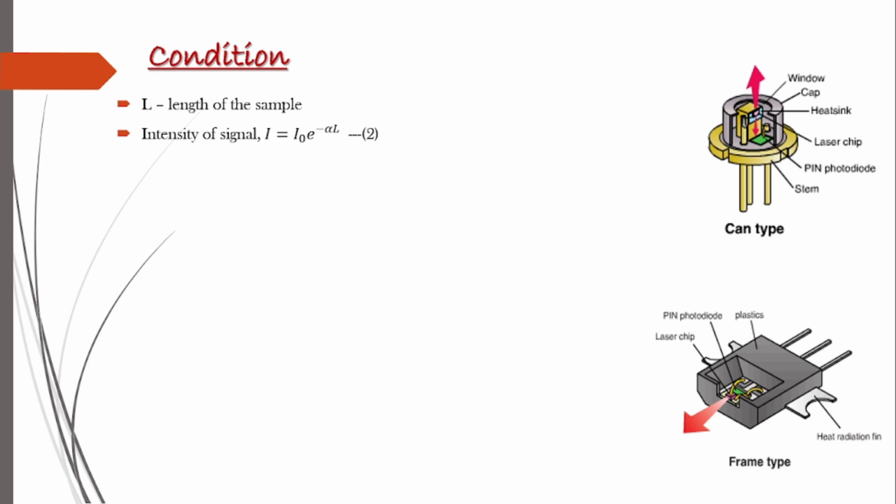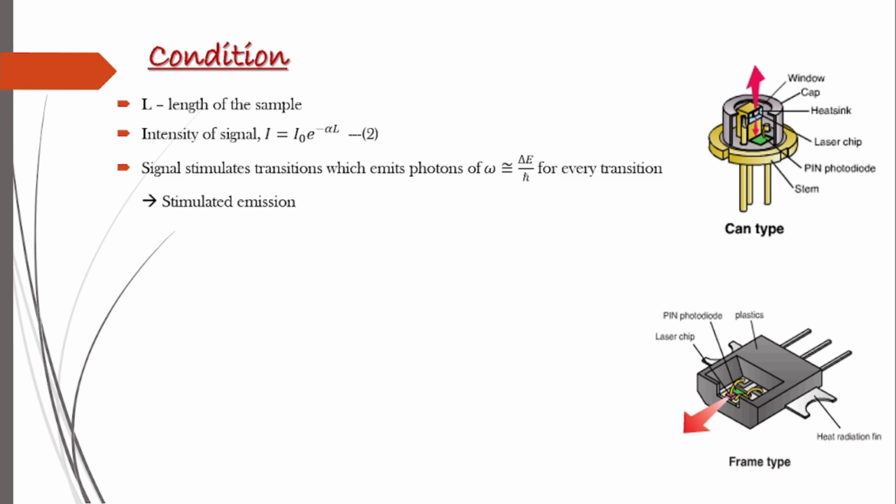Simultaneously, the signal is going to stimulate the transition from level 2 to level 1, and a photon of frequency omega approximately equal to delta E by h cross is emitted for every quantum transition. As this process is aided by the signal, it is called stimulated emission. So the signal of that frequency acts as a stimulus which is responsible for the emission. That's why the name stimulated emission.